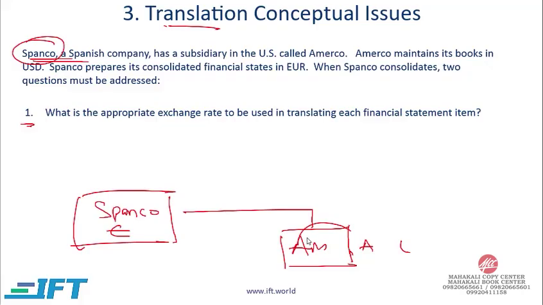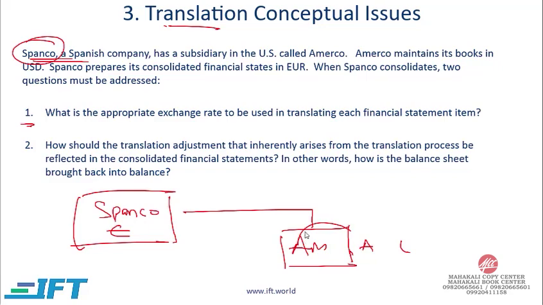So there are several exchange rates that could be used, and we need to figure out which one to use. The second question is, how should the translation adjustment that inherently arises from the translation process be reflected in the consolidated financial statements? In other words, how is the balance sheet brought back into balance?